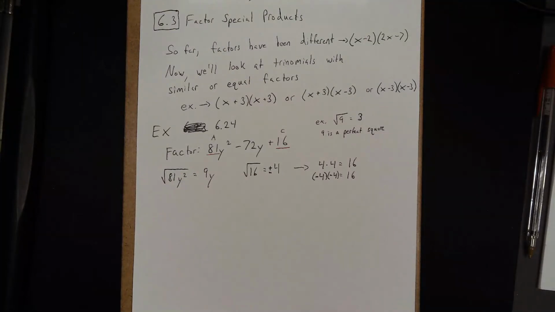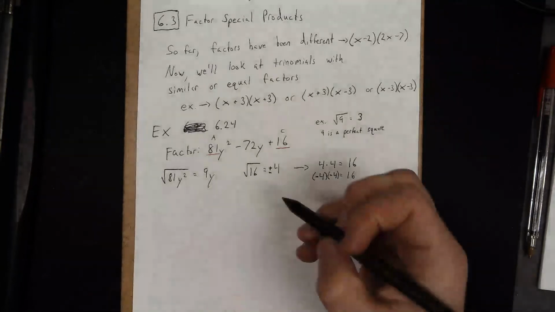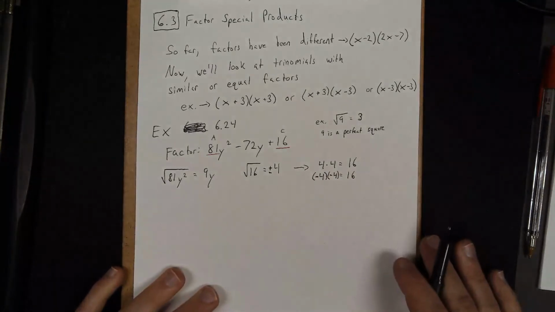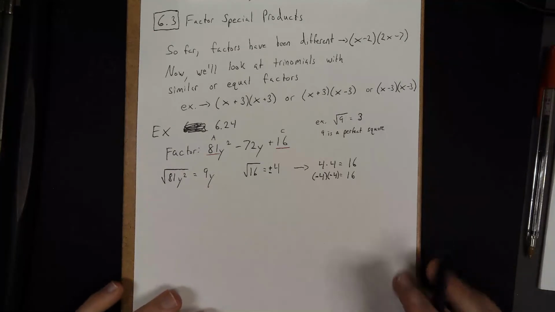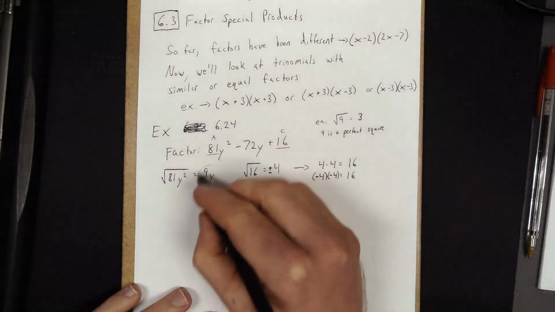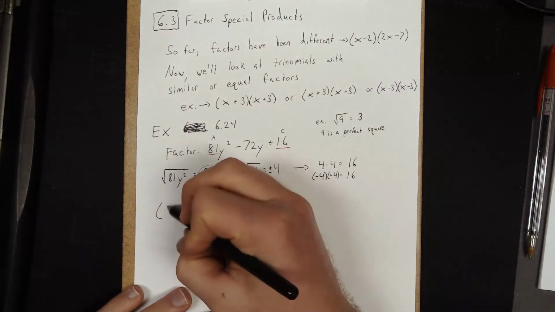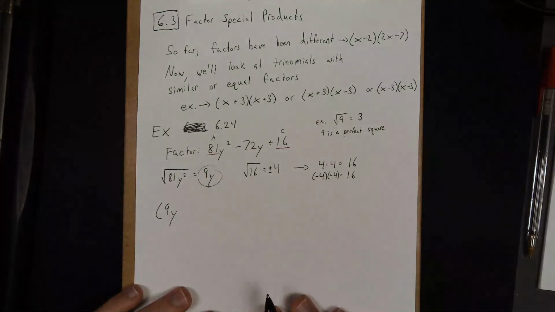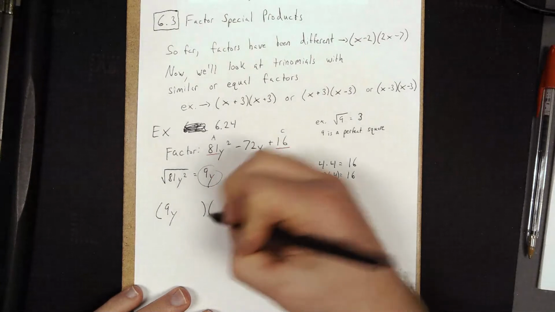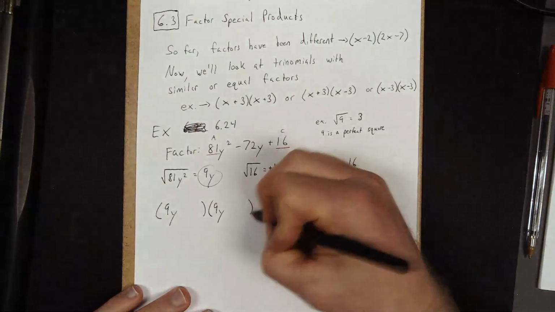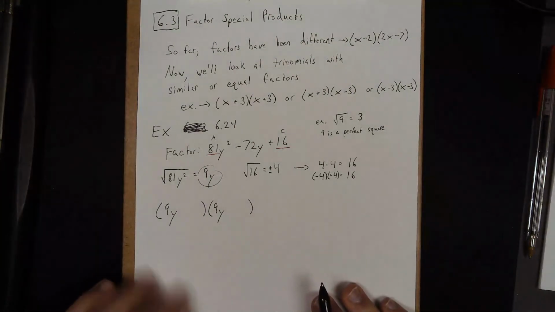All right. So our last step is what we've been doing this whole time. We're just going to take our 9y, throw it right there, and put it right there. So we're halfway done.